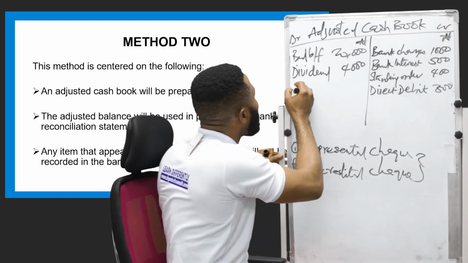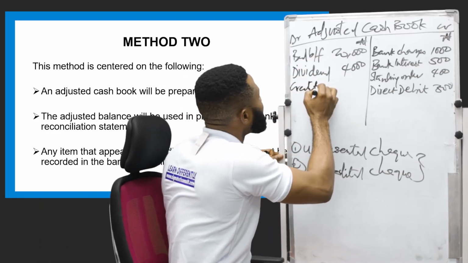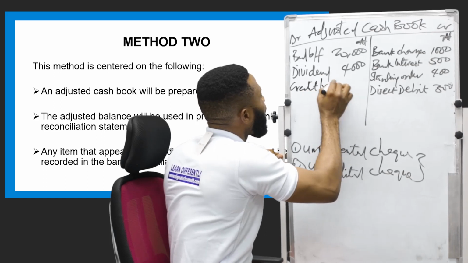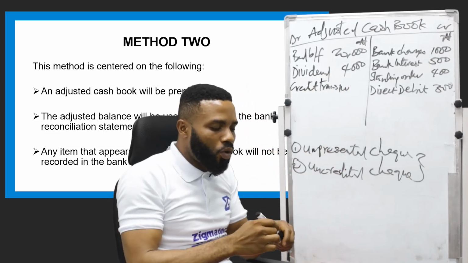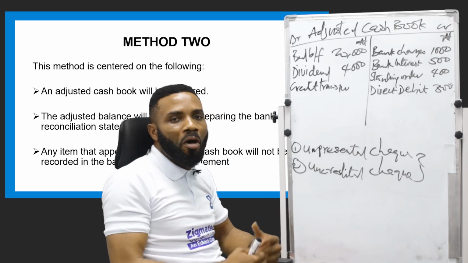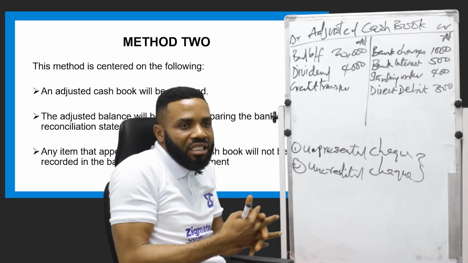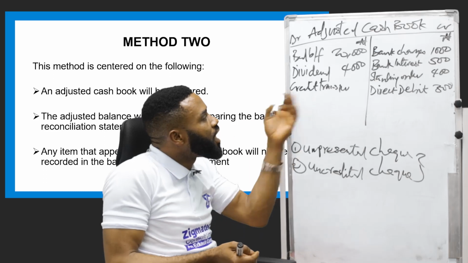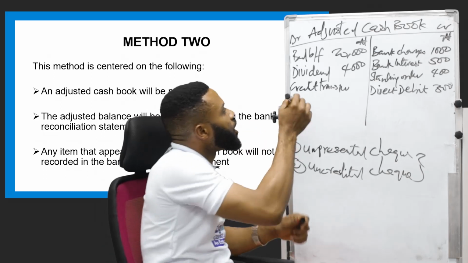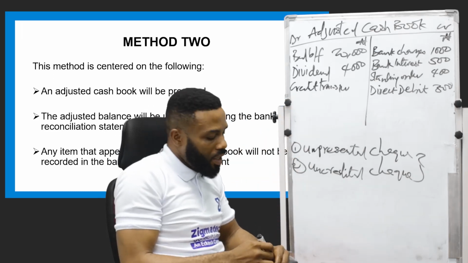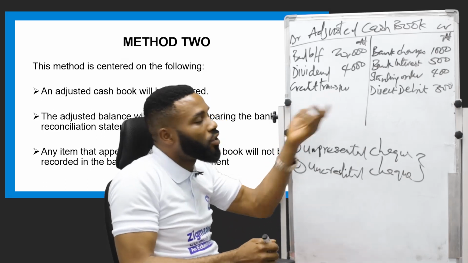The next one is what we call credit transfer. Your uncle, your relations, a company can also award you. They can send money into your account. Any money that is sent straight into your account is categorized as credit transfer.